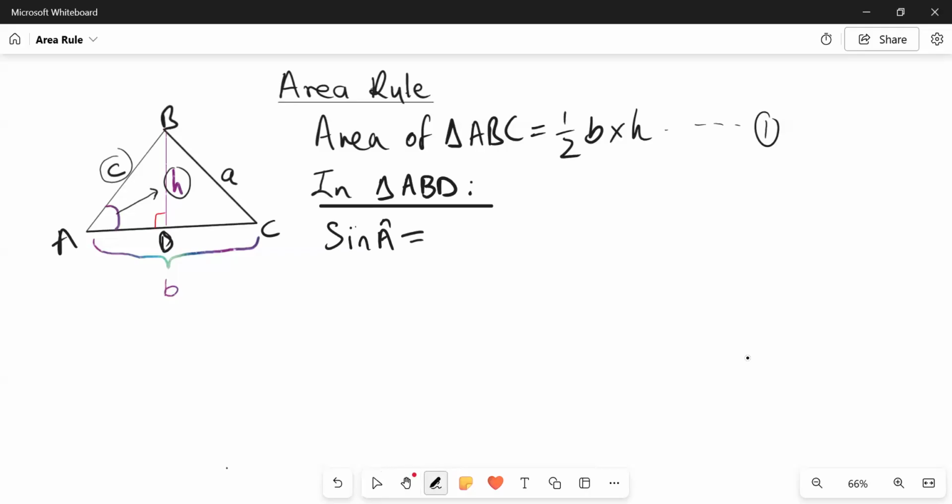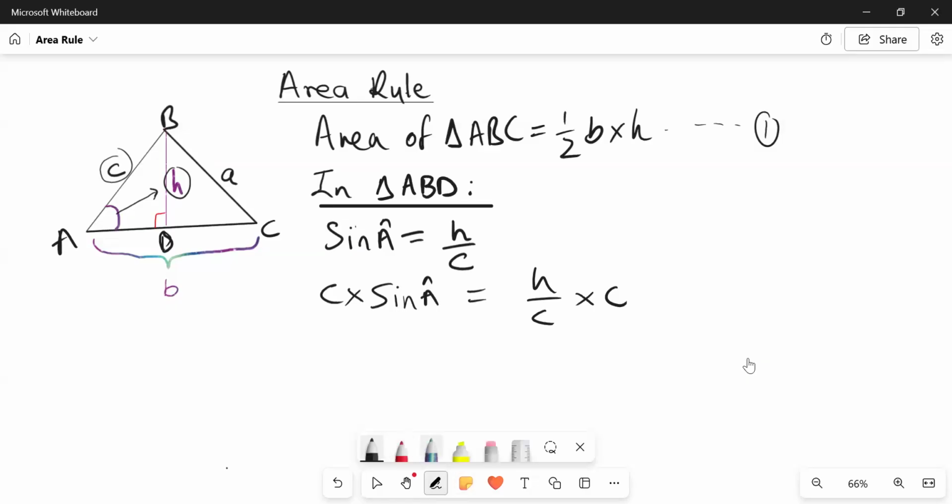But now, what is our opposite? Our opposite is H, and our hypotenuse there is C. From here, we can just use mathematical gymnastics and multiply both sides by C. When you multiply both sides by C, you'll be left with H over C times C, and the C and C will cancel at this stage.